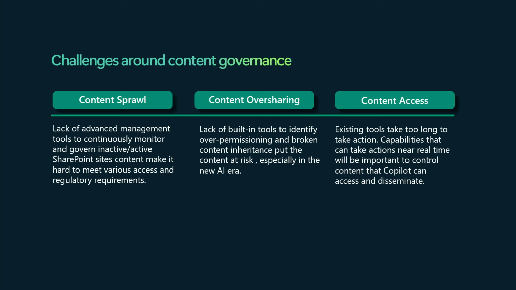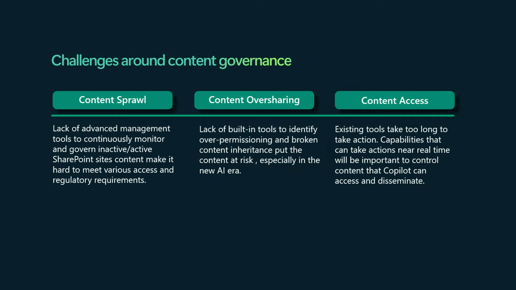You need to decide what is used and needed versus what is not needed and not used. Otherwise, that's going to impact storage and the search experience within your organization, and it's also going to impact the results of Copilot.